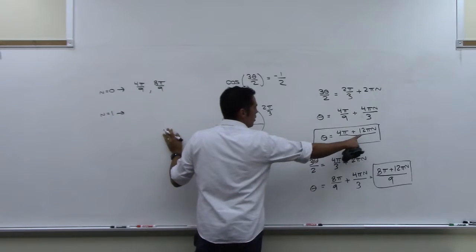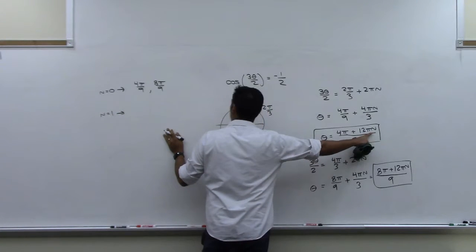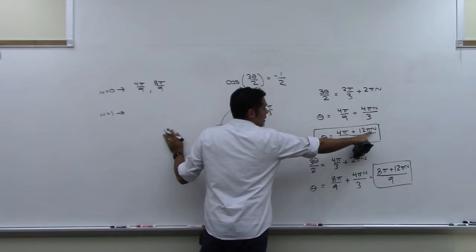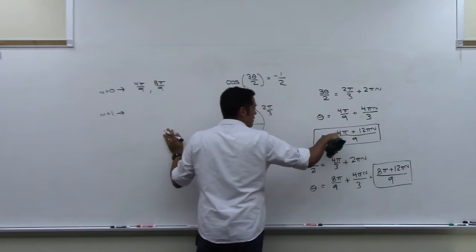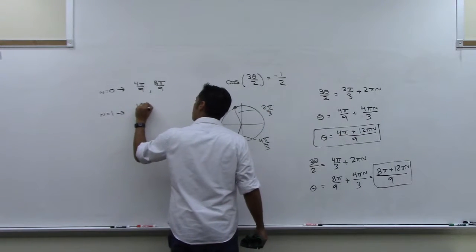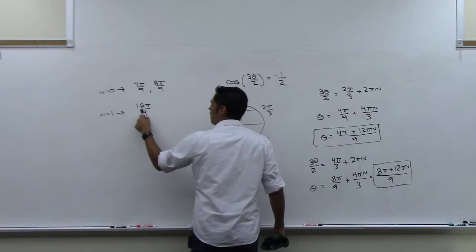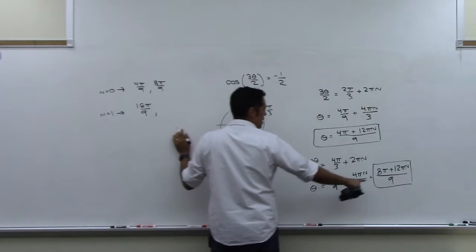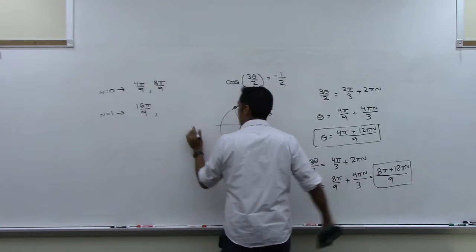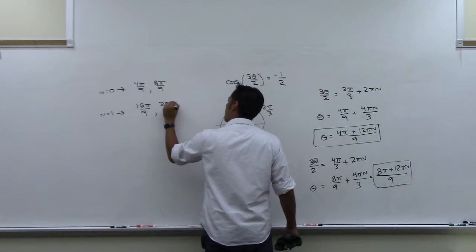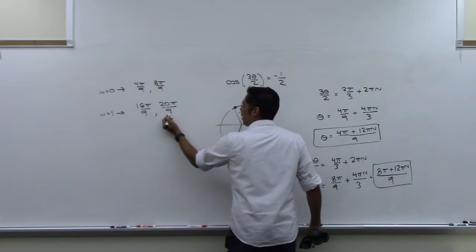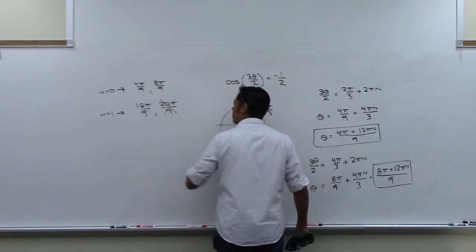If I plug in 1 here, I get 12, and then 4, that's 16 pi over 9. 16 divided by 9 is still less than 2, so I'm good. Here, if I plug in 1, I get 20 pi over 9. 20 divided by 9 is bigger than 2, so that's no good.